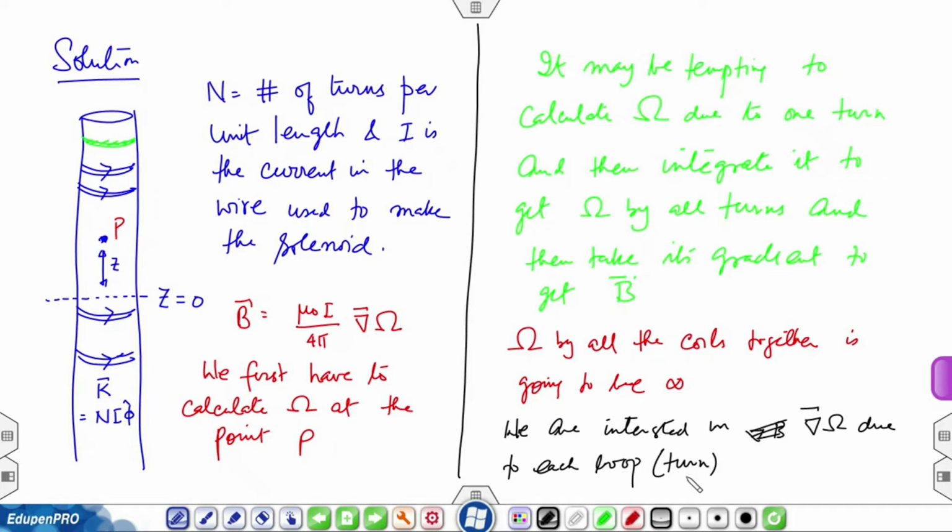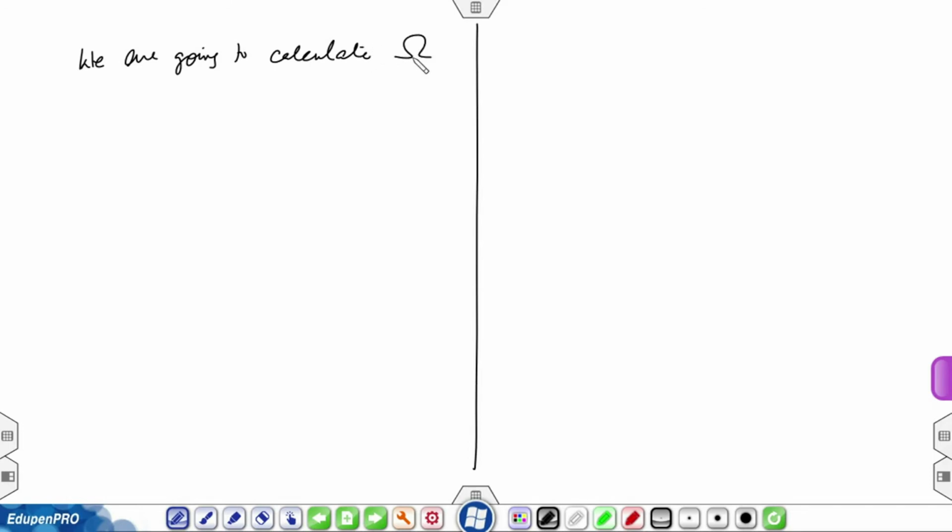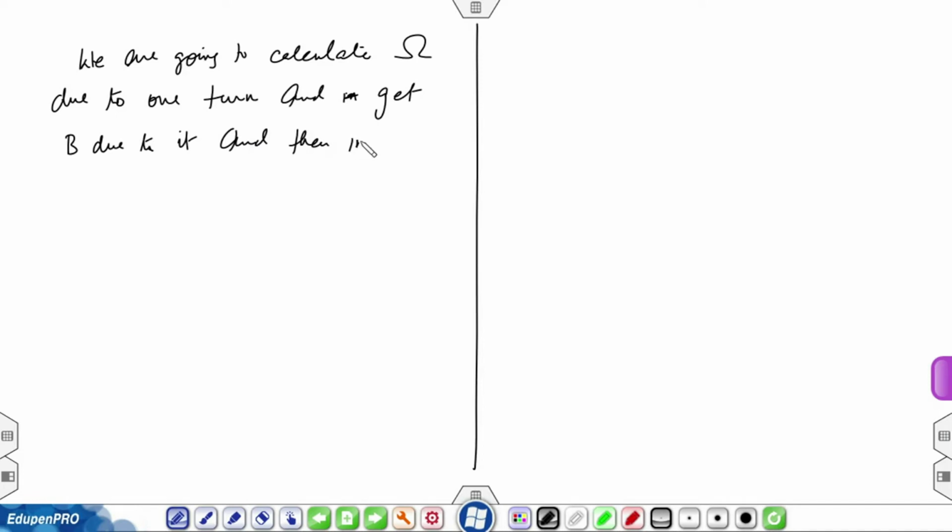So, what we are going to do is calculate omega due to one turn, and then get B due to it, and then integrate over all turns to get B. That is the strategy.